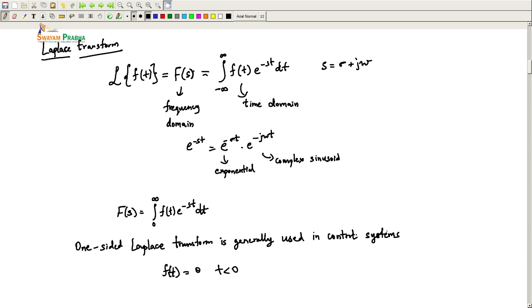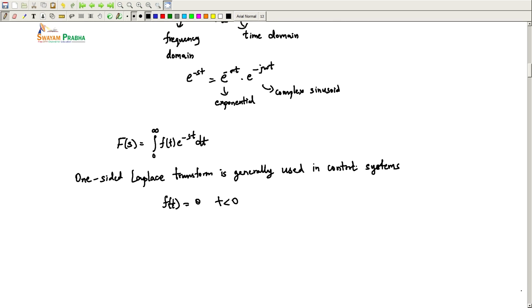And why we have f of t equal to 0 for t less than 0 is most of the physically realizable systems are basically causal in nature. That is, the output only depends on the past outputs and inputs. It does not depend on the future inputs.